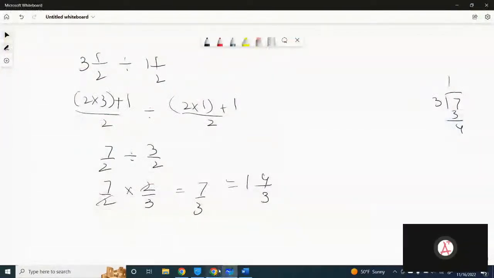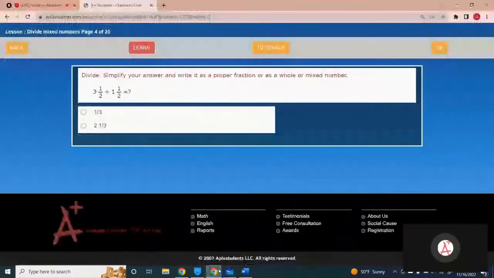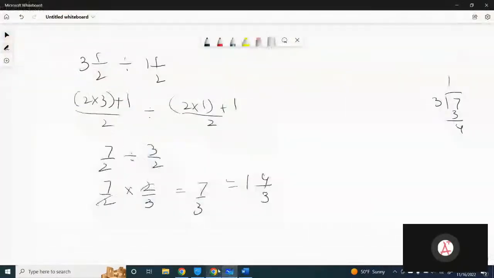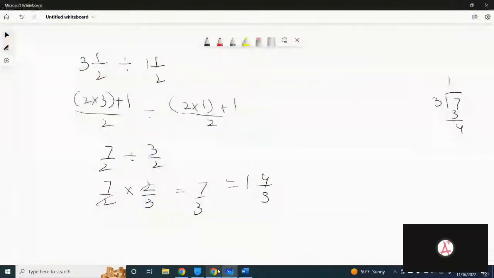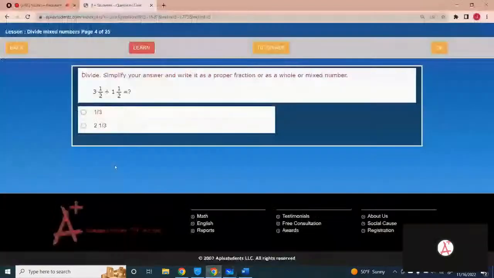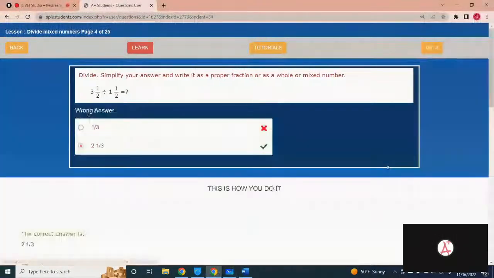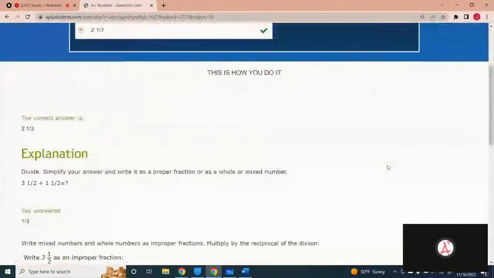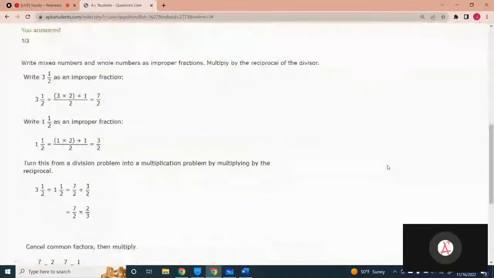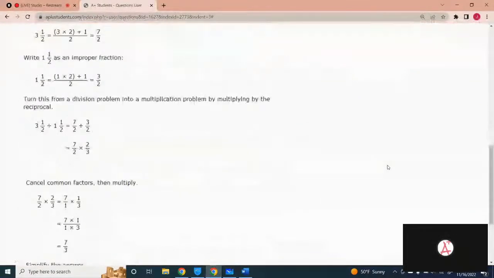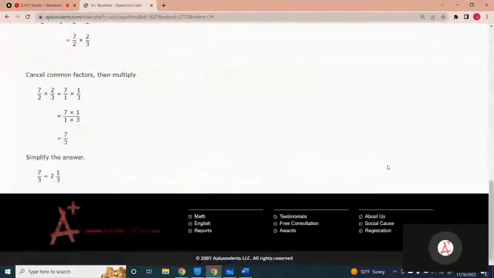3 whole 1 over 2. 2 times 3 is 6 and 7 over 2. 2 times 1 is 2 and 3 over 2. So it would be 7 over 3, 1 whole 4 over 3. Why? We don't have the correct option here. Let me see what happened. 7 over 3 is 2 whole 1 over 3.